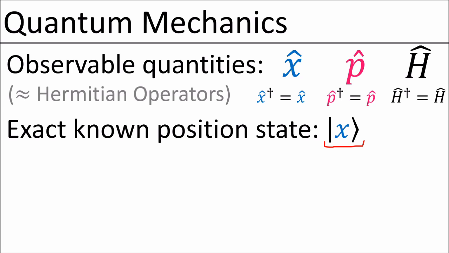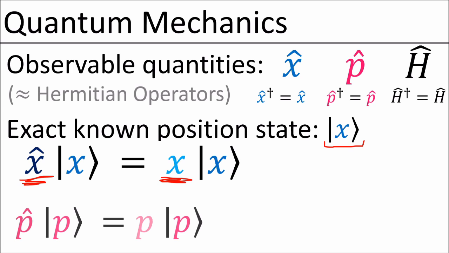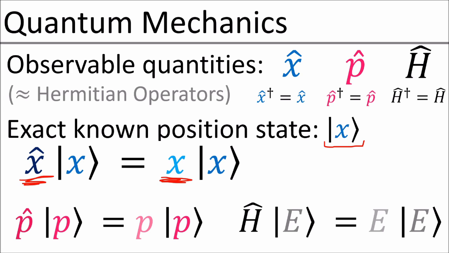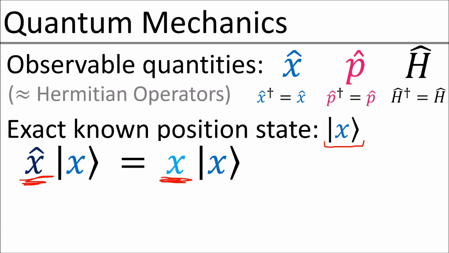This is an eigenstate of the position operator, which produces the exact known position x as an eigenvalue. Similarly, we can also get exact momentum eigenstates for the momentum operator and exact energy eigenstates for the Hamiltonian operator. It can be shown that since these operators are Hermitian, their eigenvalues for the measurable quantities are always real.